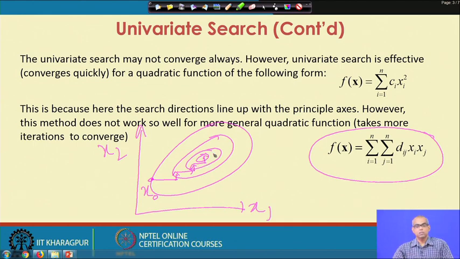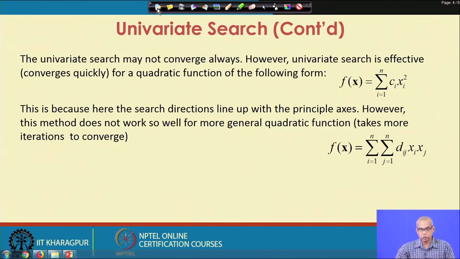This is how you will travel. So, it takes more time to converge for the quadratic functions which are not of x transpose C x type.